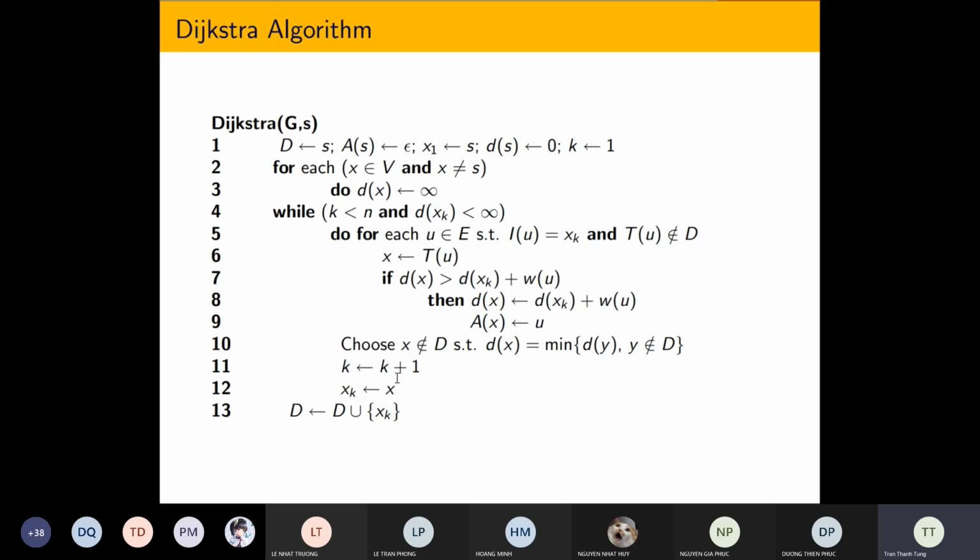Do you remember the algorithms from discrete math?